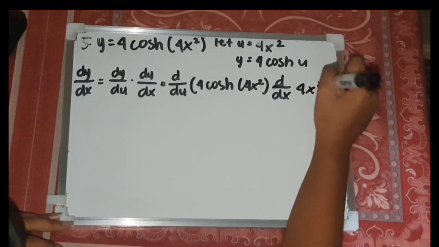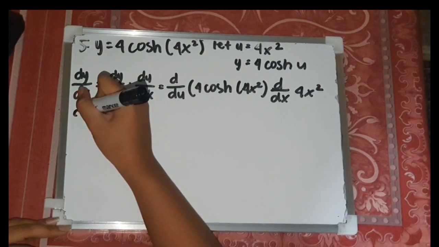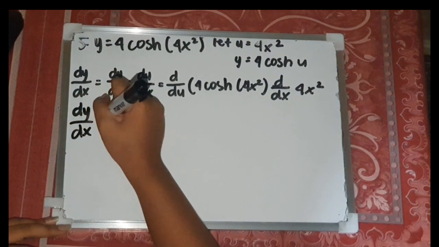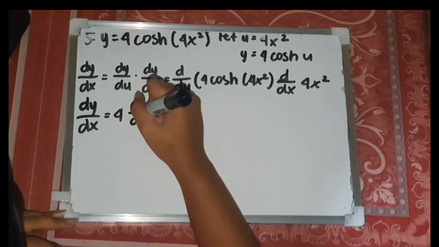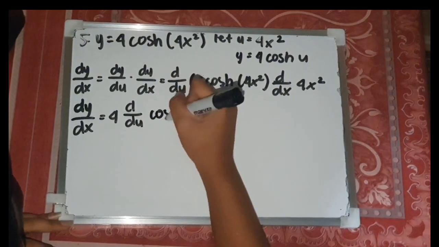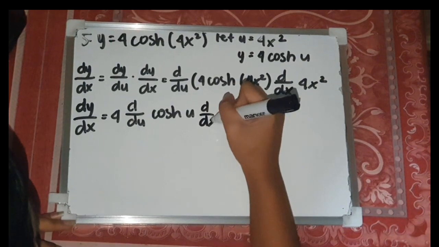Then we're going to separate the 4 from the hyperbolic cos. So dy over dx is equal to 4 times the derivative of hyperbolic cos u times the derivative of 4x squared.